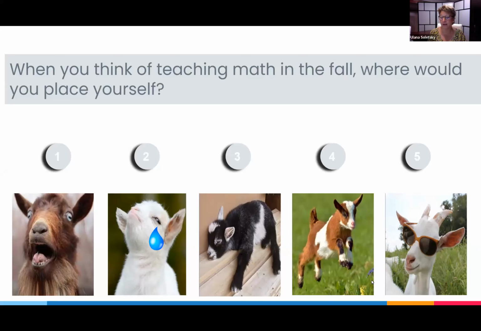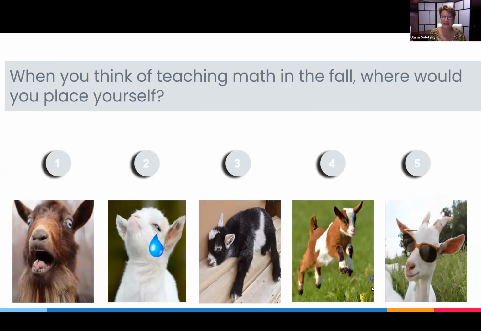So I'd like you to put your 1 to 5 into the chat, but don't press go until we give everyone an opportunity to put their number in. So let's count down from 5, 4, 3, 2, 1, go.